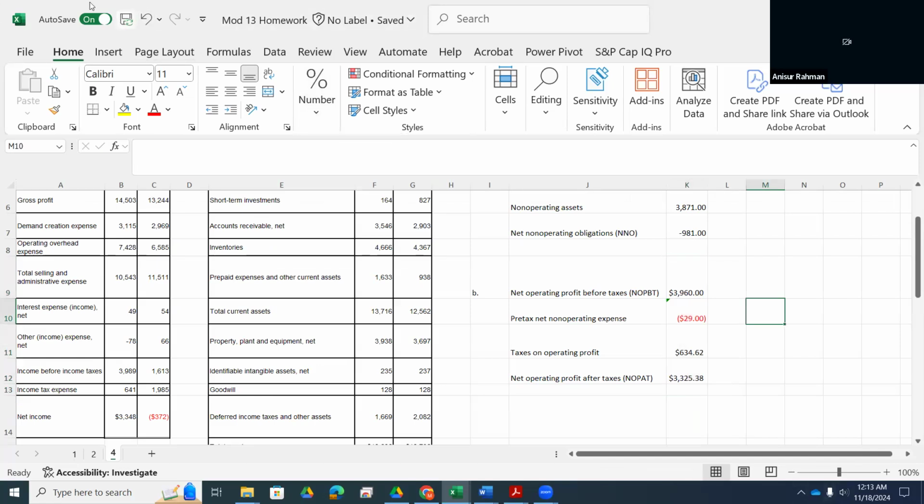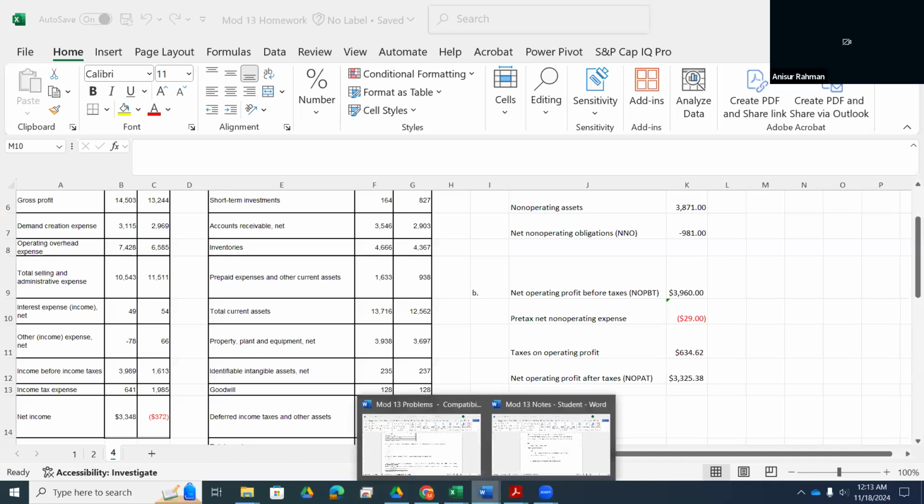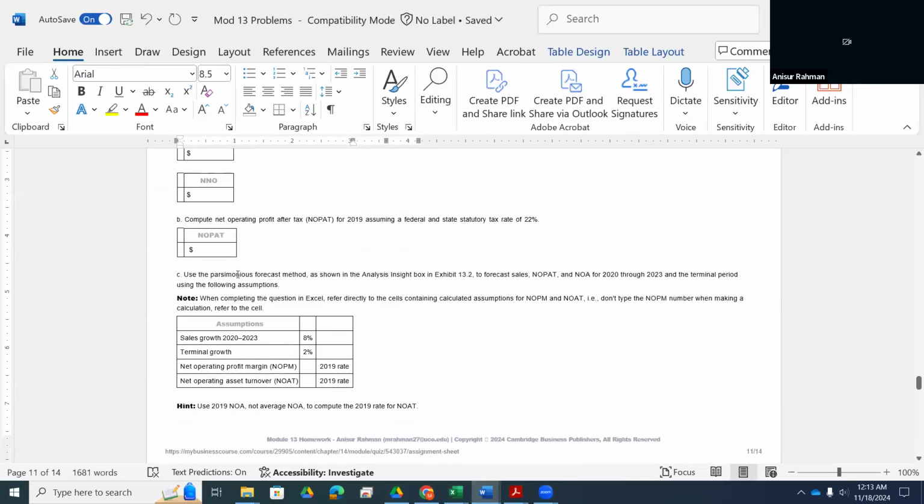I did that. Now what we have to do using the parsimonious method. What the parsimonious method basically means is we use two ratios, NOPM, net operating profit margin, and NOAT, net operating asset turnover. We calculate these ratios based on the current year, and use them to create our forecast for the subsequent years.